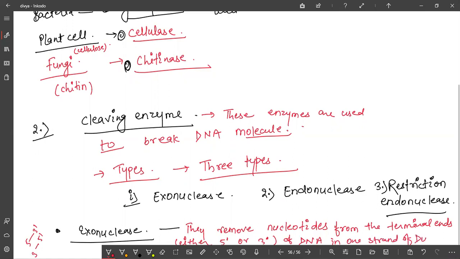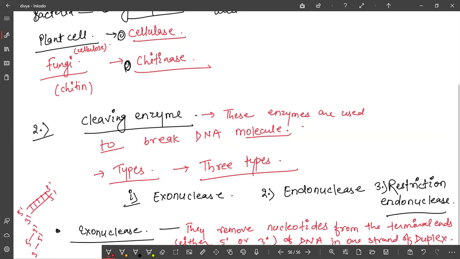DNA is a duplex with two strands. This is the sugar phosphate backbone, 5 prime, 3 prime, 5 prime, 3 prime.